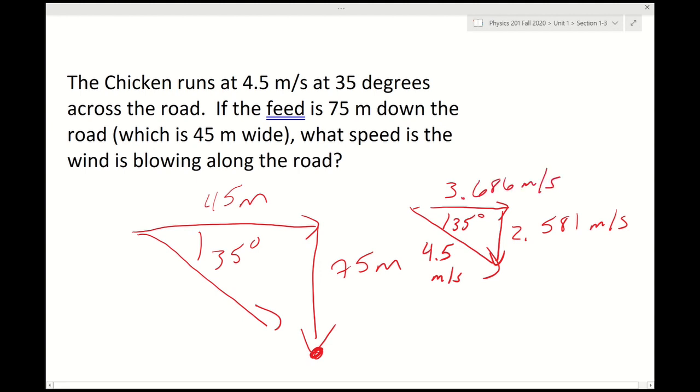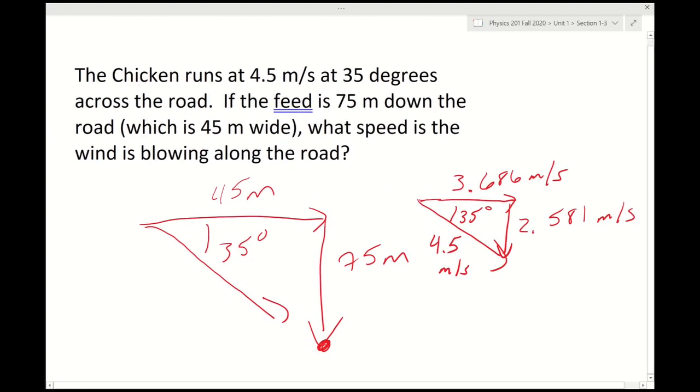So we break that down into components. 3.686 meters per second across the road horizontally and 2.581 meters per second down. Now, to cross the road, the chicken must travel 45 meters.